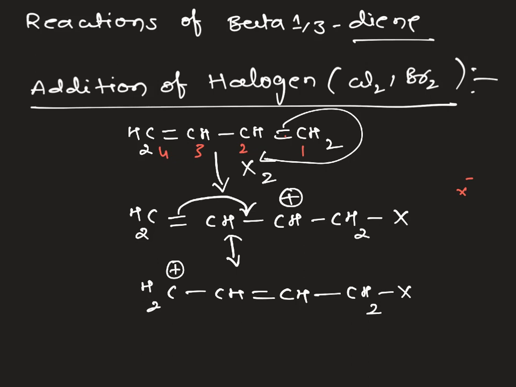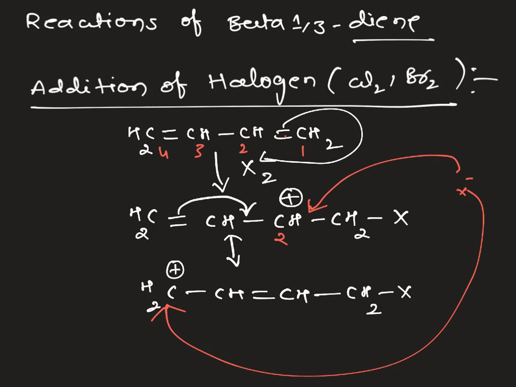X can attack the second carbon, or X can attack the fourth carbon. As a result, we get two addition products. If it attacks the second carbon, the halogens are at the first and second carbons, which we call the 1,2 addition product. If it attacks the fourth carbon, we call it the 1,4 addition product.